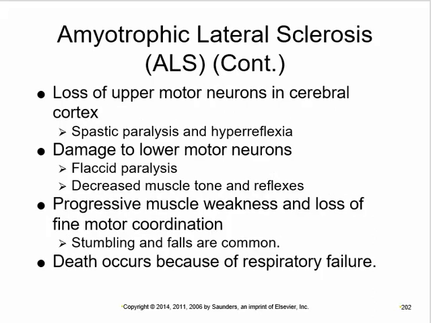So we lose these upper motor neurons in the cerebral cortex, and then we get spastic paralysis. We get hyperreflexia. So there's no inhibition. As it progresses down and gets into the lower motor neurons, it becomes a loss of muscle tone and then a loss of reflexes.